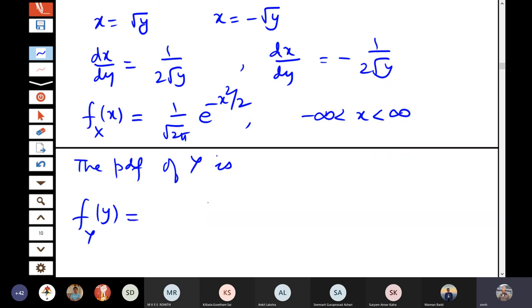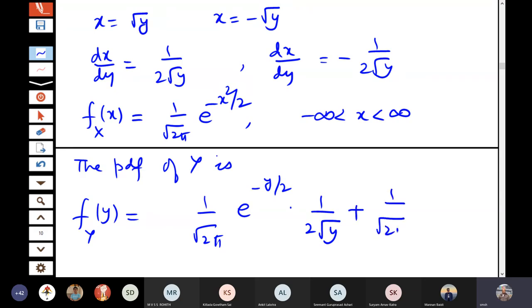is obtained by writing down the density of x in two different regions. So 1 by root 2 pi e to the power minus x square by 2, that is y by 2, into 1 by 2 root y, plus 1 by root 2 pi e to the power minus y by 2, and mod of the second one is also the same value.